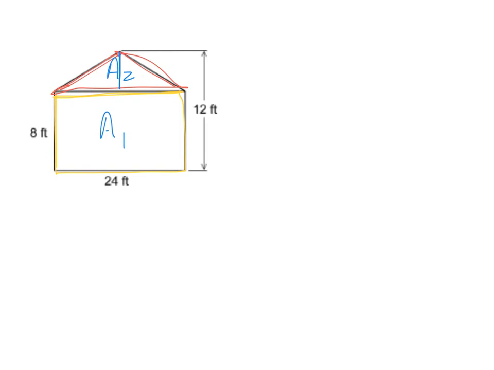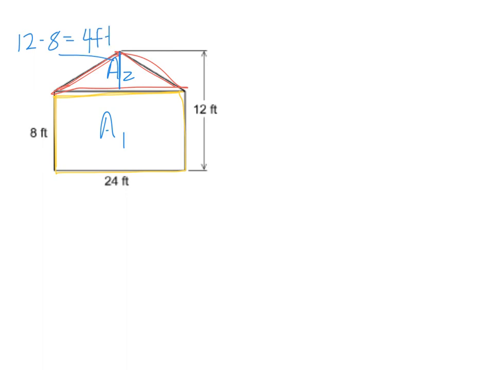Well, if this side here is 12, and this one here is 8, then this line here is going to be the difference between 12 and 8. So I would do 12 minus 8 in order to find the height of the triangle. So 12 minus 8, and that gives us 4. So the height of the triangle is 4 feet.